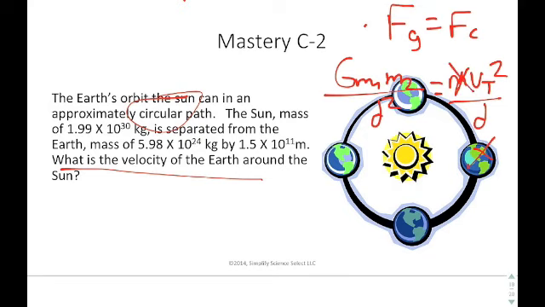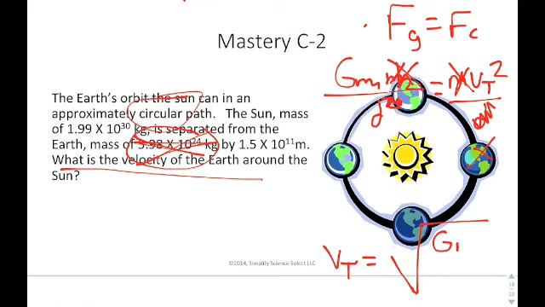That cancels out, and that also cancels out the mass of Earth. The mass of Earth is irrelevant towards its speed, so it makes no difference. This distance right here, you have a distance and a distance squared, so you can eliminate this term and cancel out the square. So what you're left with now is vt equals the square root, because remember it was vt squared, of G m1 over d.